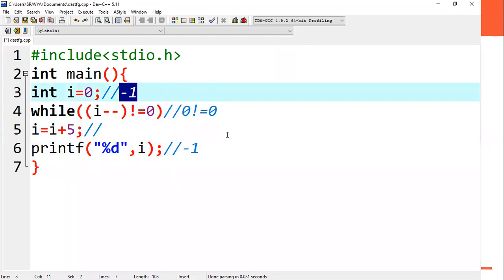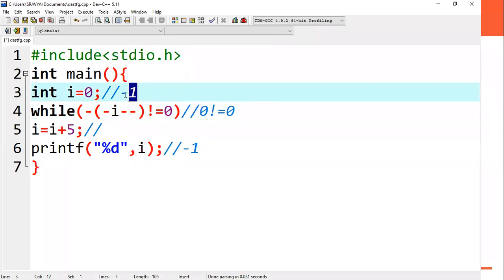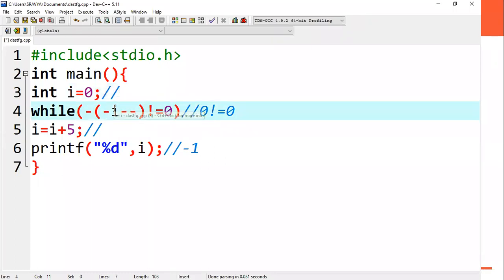If it is negative, that will affect us. See, if it is minus of minus, what will happen? It won't affect us in this case either. Why? Because the i value is 0. -0 means 0 only.